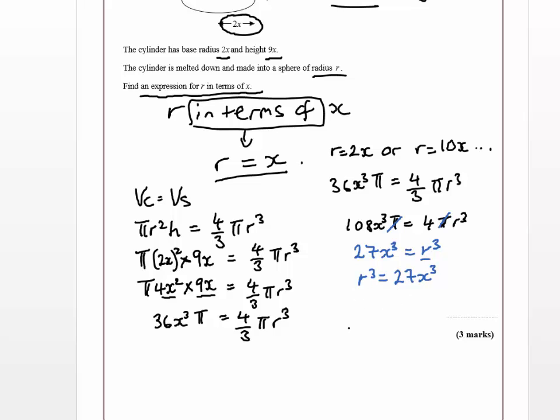I'm going to take the cube root of both sides. r to the power of 3 is equal to 27x to the power of 3. That's just going to leave me with r is equal to 3x.